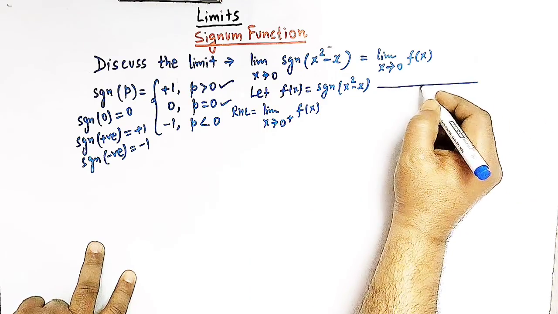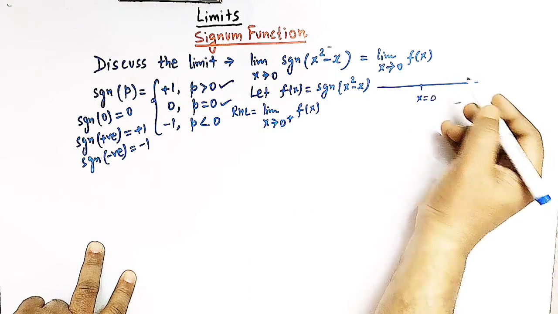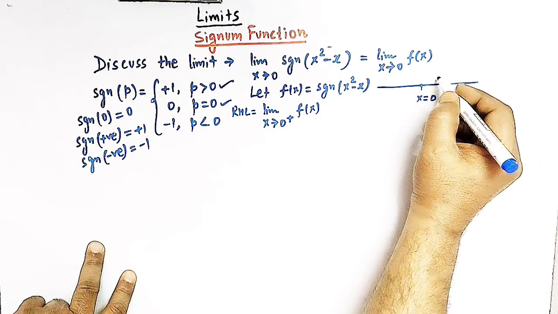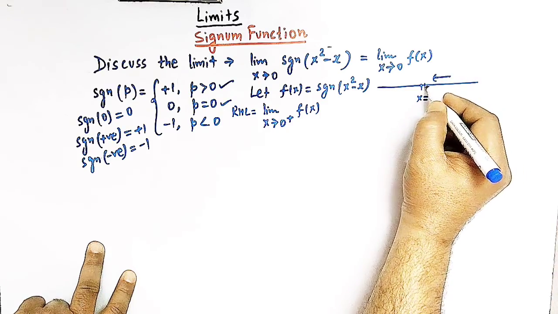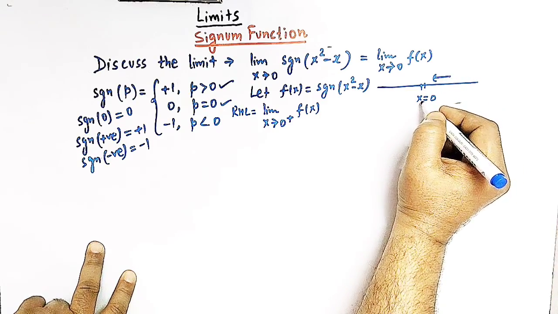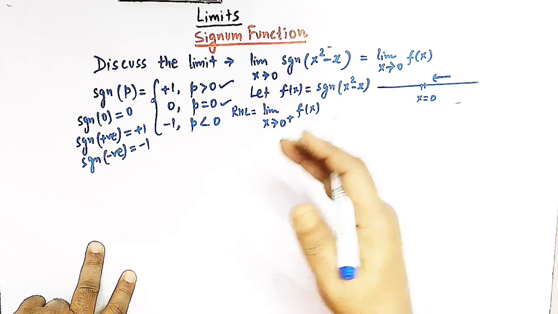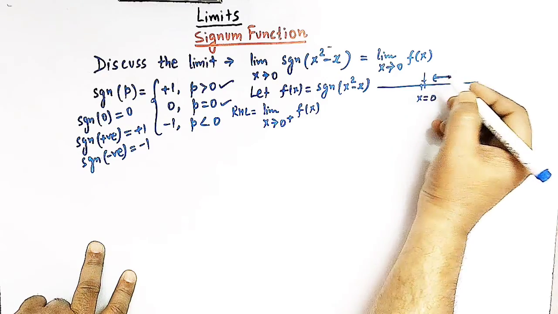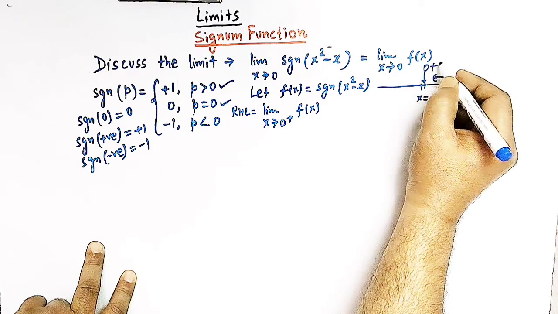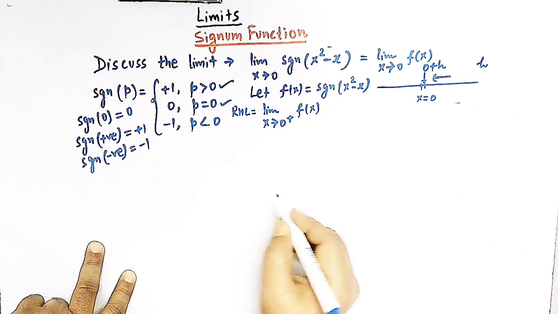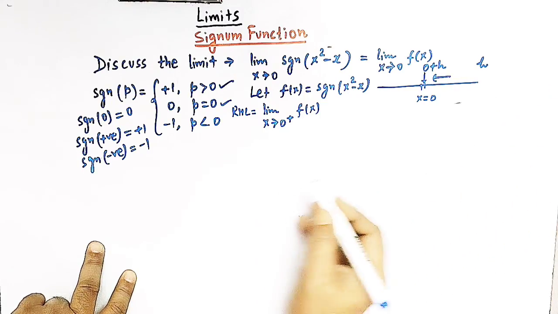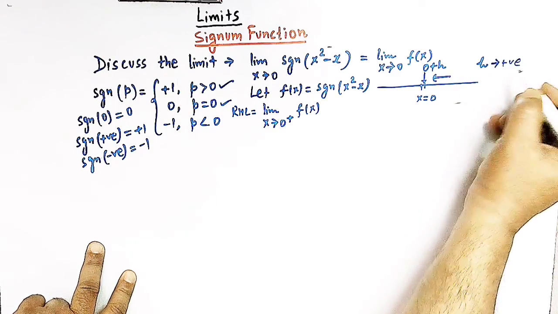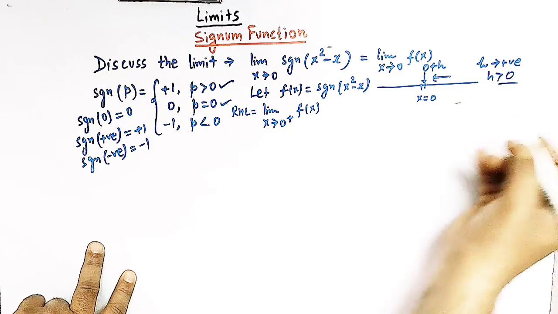So here we have x is equal to 0. When we approach from the right of x is equal to 0, we have a point very close to x is equal to 0, and it lies towards the right of x is equal to 0, and this point may be taken as 0 plus h, where h is infinitesimally very small. So h is very small, but h is a positive quantity, that is, h is greater than 0.